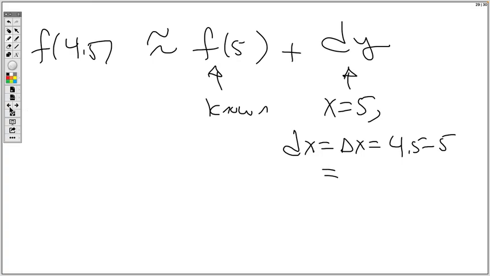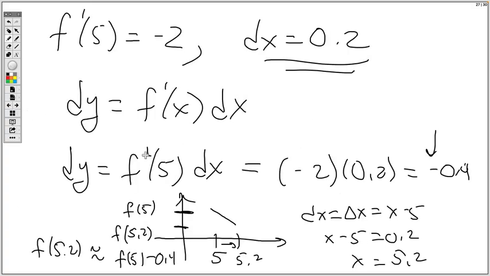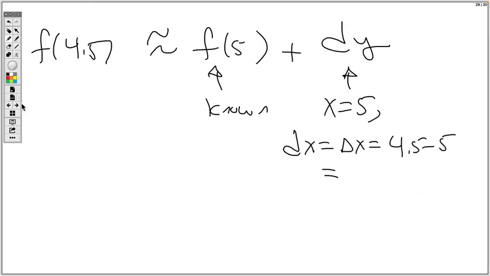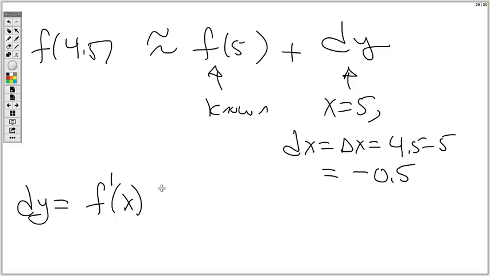So if I think about the graph, 4.5 is over here. So what's the delta x then? If I'm starting at 5, what direction do I have to go to get to 4.5? I have to go to the left, so negative 0.5. So my dy would be f prime of x dx.